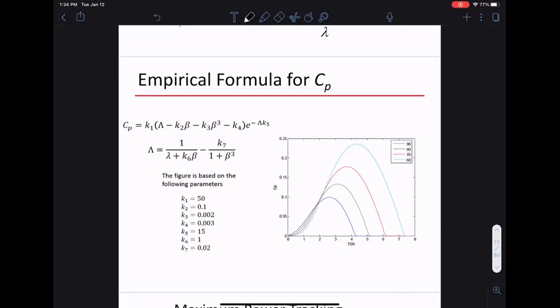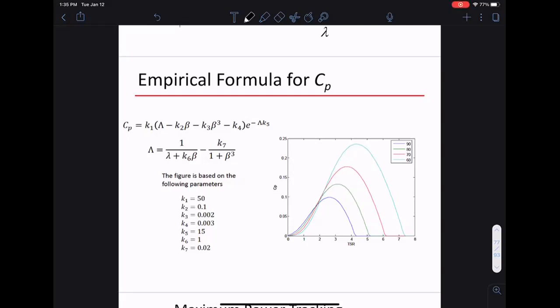I've been told, if you look at the reference book, by Professor al-Shakawi, that apparently he was one of the earlier folks designing wind turbines, and he went and fitted this curve. Somehow he got this curve, and we're going to use it. Nowadays, of course, you don't do it this way. You would probably train a neural network to get a relationship between tip speed ratio and CP.